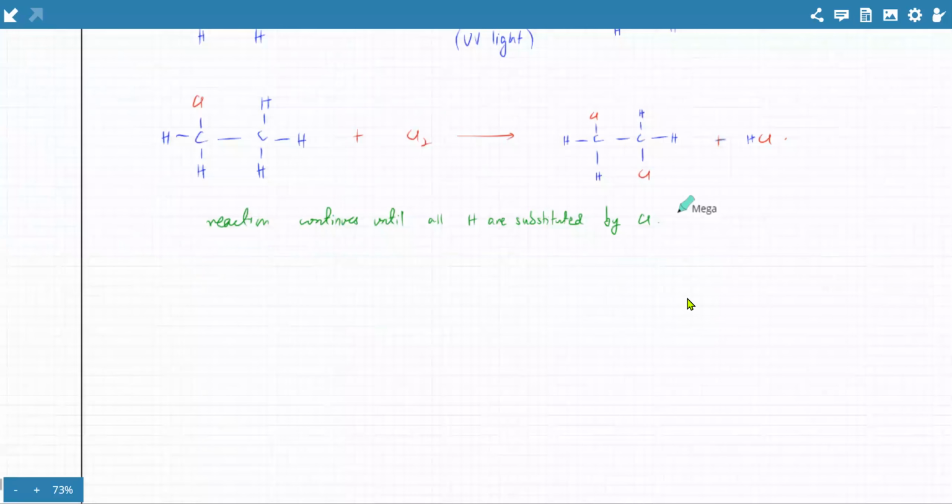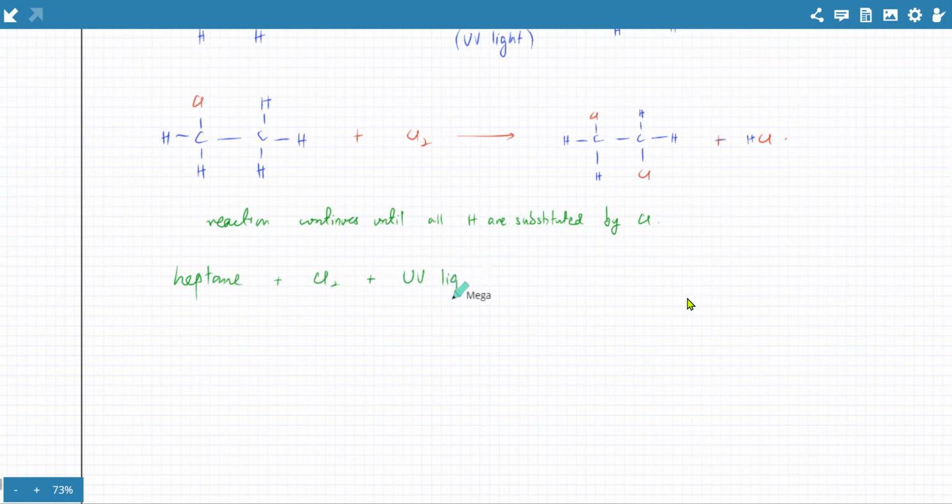In simple words, let's say heptane plus chlorine, I want to write an equation, and there is ultraviolet light present. Okay, so it's heptane plus chlorine.